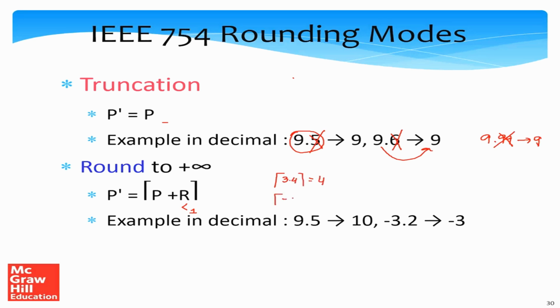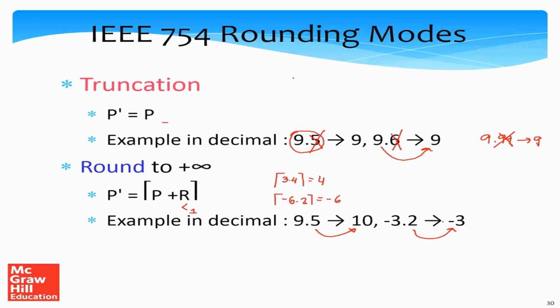The ceiling of minus 6.2, right? The next higher integer is minus 6. So pretty much we'll take the ceiling of the value. So 9.5 we'll round it to 10 because that's the next higher integer. Minus 3.2, if we have a number of this type, we'll round it to minus 3 because that's the next higher or greater integer. So this is rounding to plus infinity.